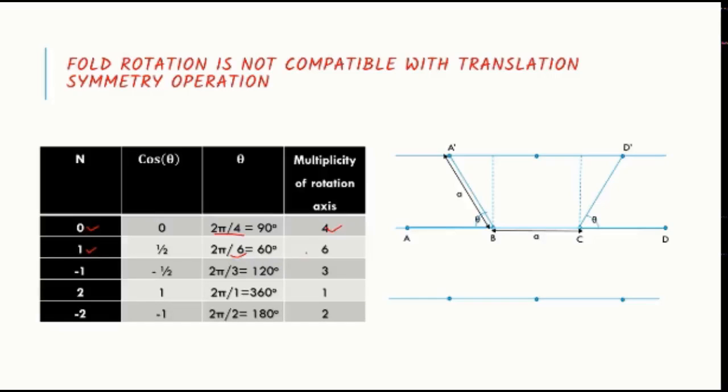Corresponding to minus 1, theta is 2 pi by 3, which means we have a 3-fold axis of rotation. And for value 2, we have theta as 2 pi, which means we have a 1-fold axis of rotation. For the last value, that is minus 2, theta is 2 pi by 2, which means we have a 2-fold axis of rotation.